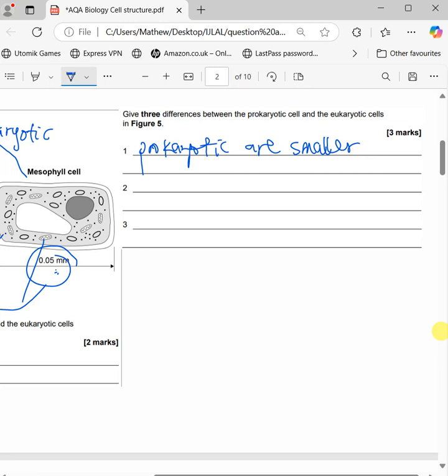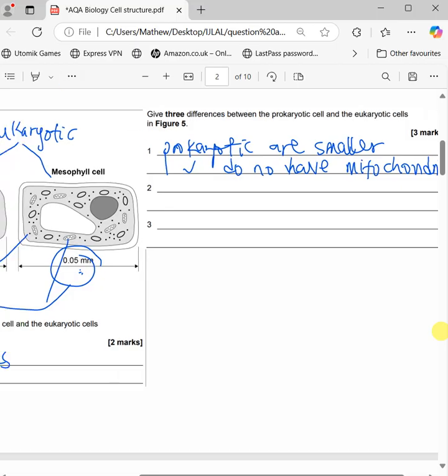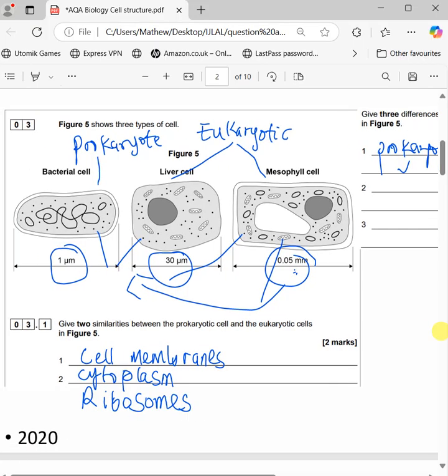Another thing is that prokaryotes do not have mitochondria, but eukaryotic cells have. Prokaryotic cells have just a lump of DNA. If you look at it, they have a single lump of DNA.